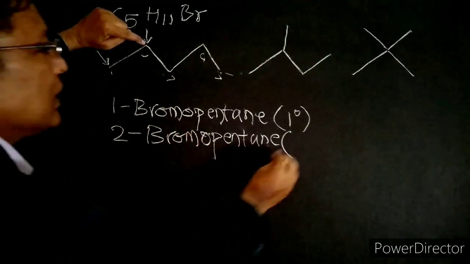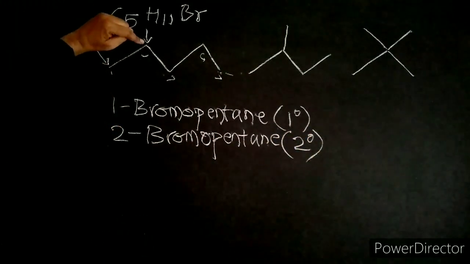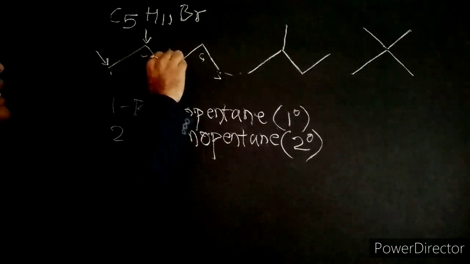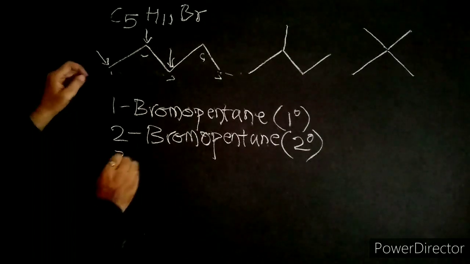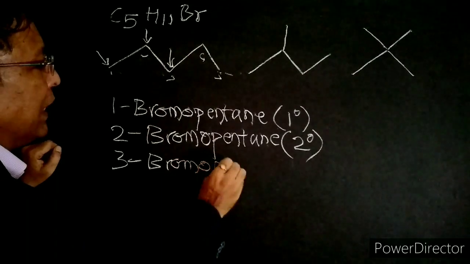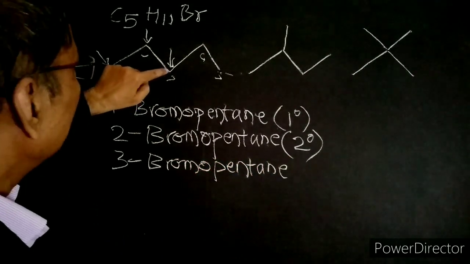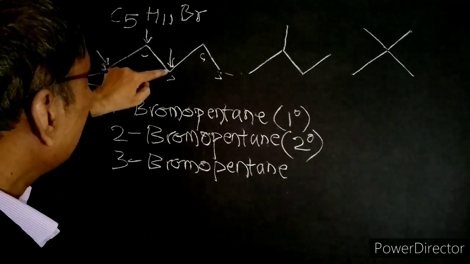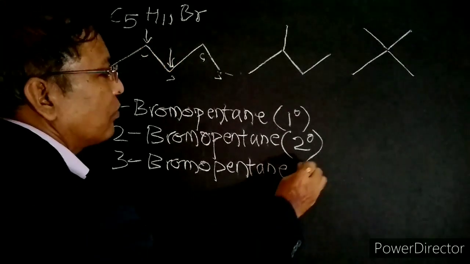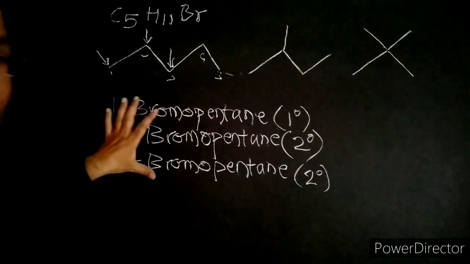Therefore, this is a secondary alkyl halide. The next is when the halogen atom is attached to this carbon atom, that is 3-bromopentane. This is also a secondary alkyl halide, because this carbon is attached to 2 other carbon atoms. And in this skeleton, 3 isomers are possible.